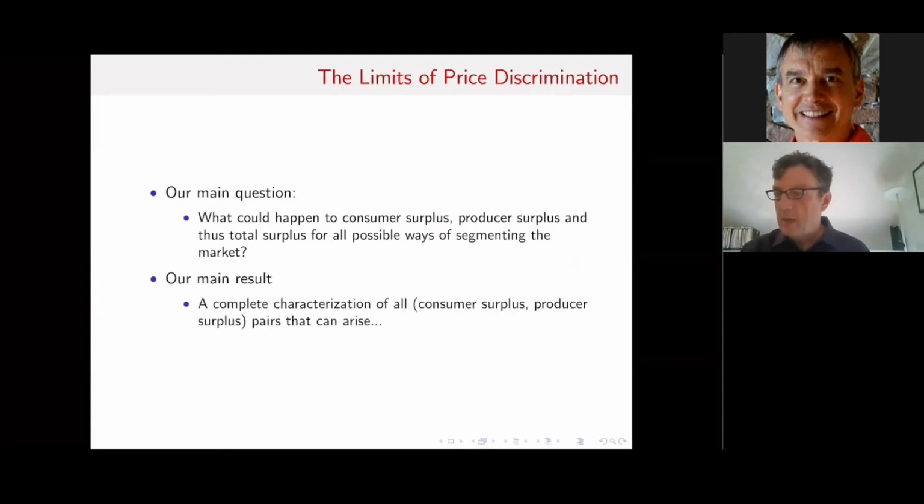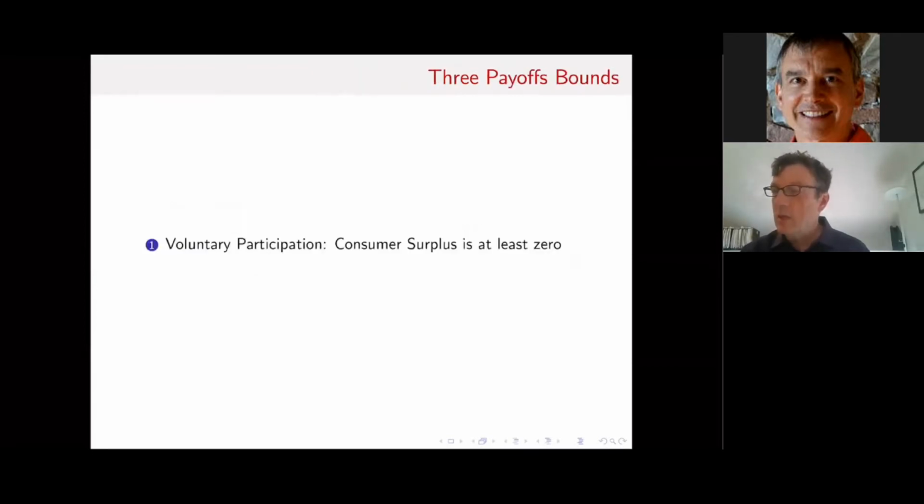And our main result that I'm going to try to convey today is that we can get a complete characterization of all possible pairs that can arise due to some segmentation and due to some information that we could give to the firm, to the producer.